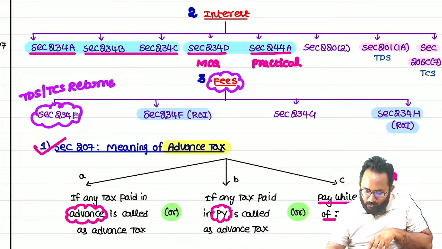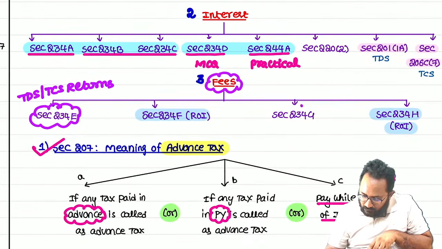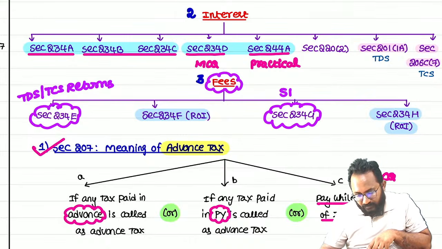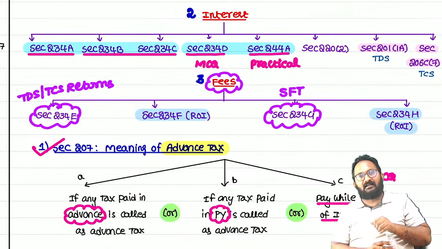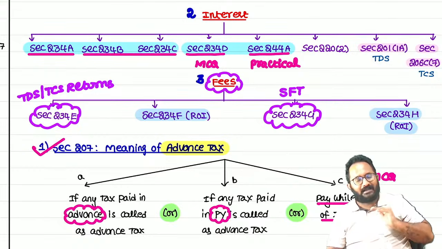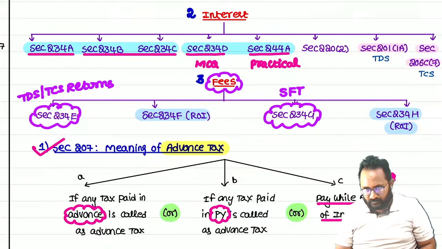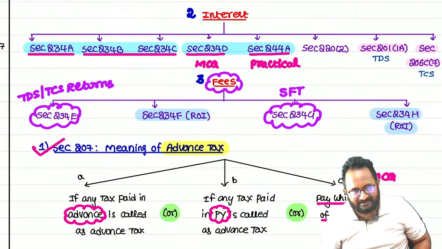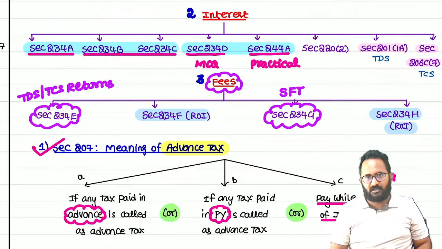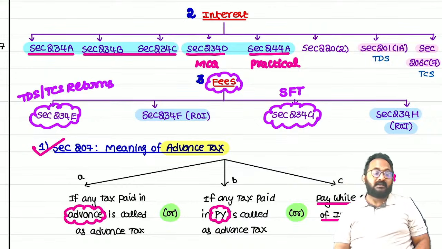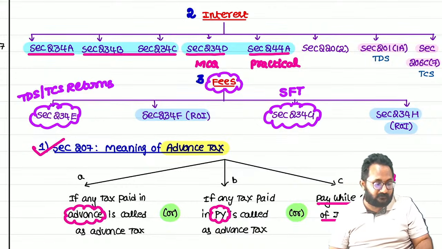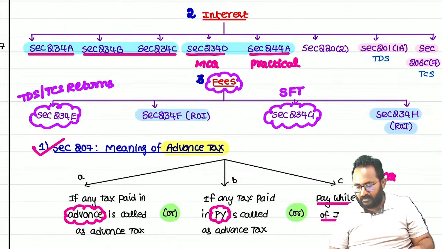Next one, 234G also in this chapter you have to refer. SFT, Statement of Financial Transactions, you have to furnish, like banks or charitable institutions, recognized stock exchanges, financial institutions. Every year they have to file the statement of financial transactions to the income tax department. If they are not filing within the due date, what is the due date?